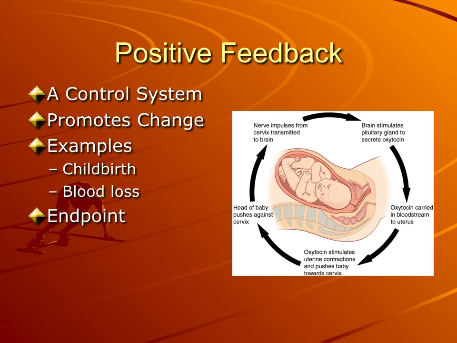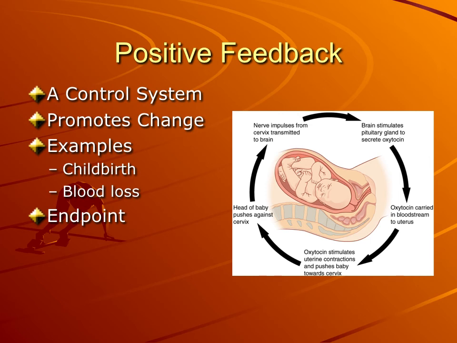Occasionally, there are positive feedback systems. These are feedback systems that detect change and promote further change. An example of this is childbirth. When the baby is getting larger and larger, that stretching of the uterus causes impulses from the cervix and the uterus to be sent to the brain.